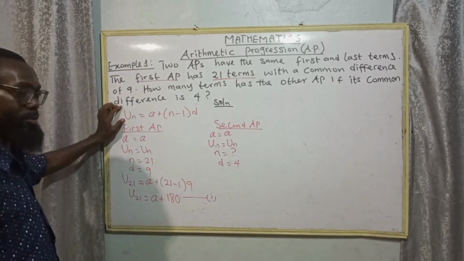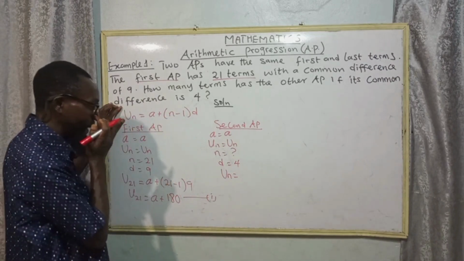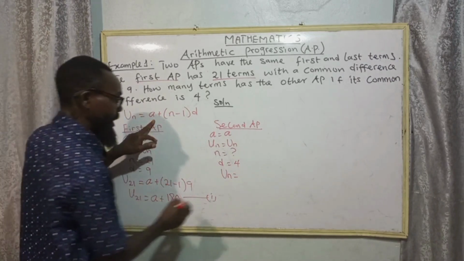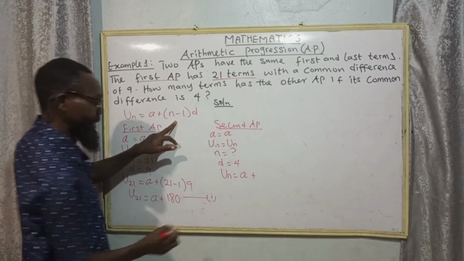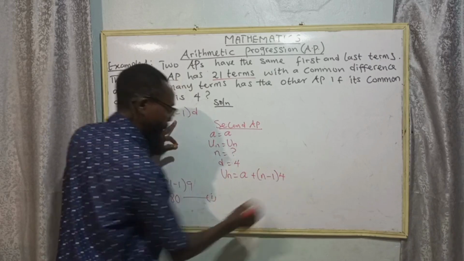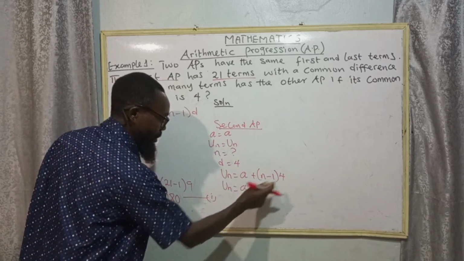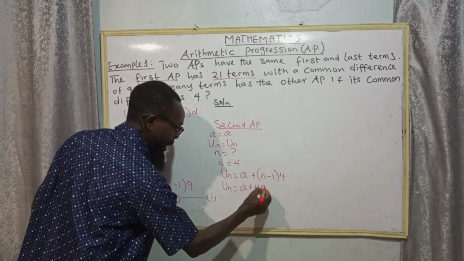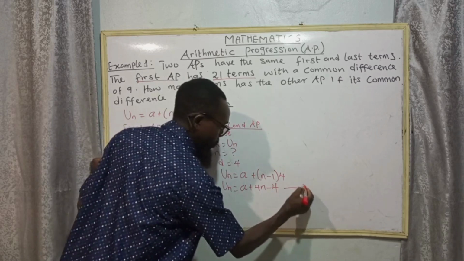Likewise, from this given formula, un equals our first term A plus our number of terms, which is unknown, that's what we are looking for, minus 1, and our d is 4. That is un equals a plus 4n minus 4 times 1, 4. Let's say equation 2.